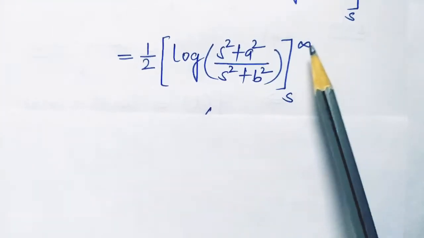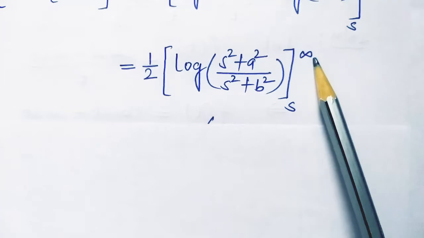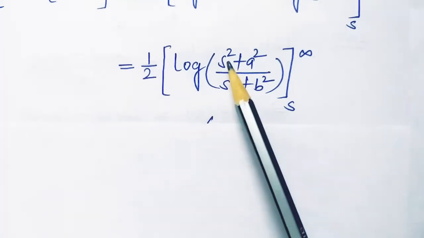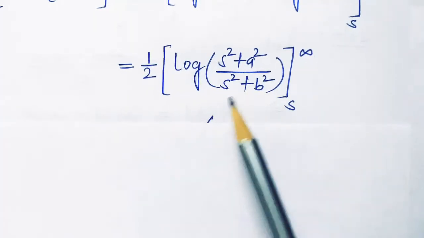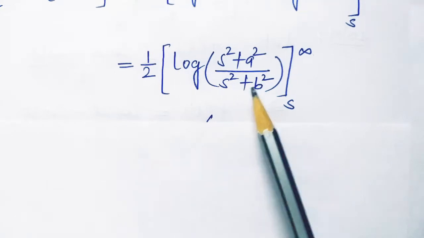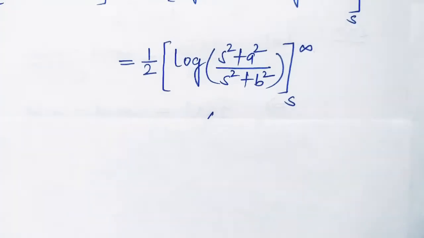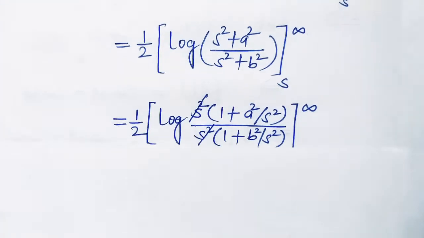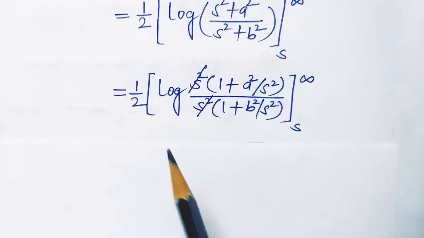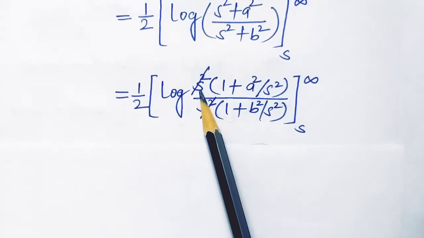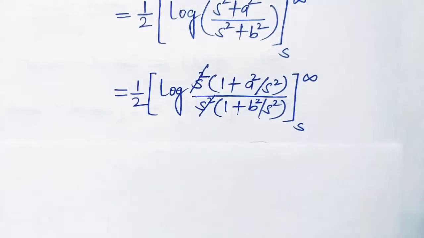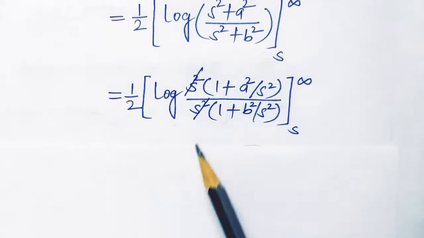So now if I substitute s to be infinity, for both numerator and denominator it becomes log of infinity. And what is the value of log of infinity? It cannot be determined. So in that case, we have to adopt some other property, that is, we can take s square in both numerator and denominator as a common factor, which gets cancelled with each other.